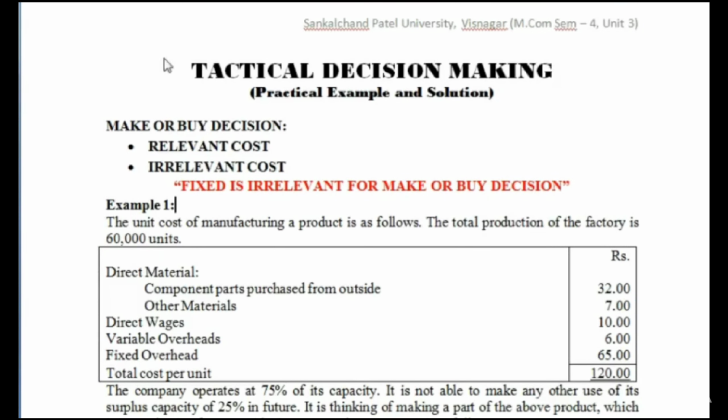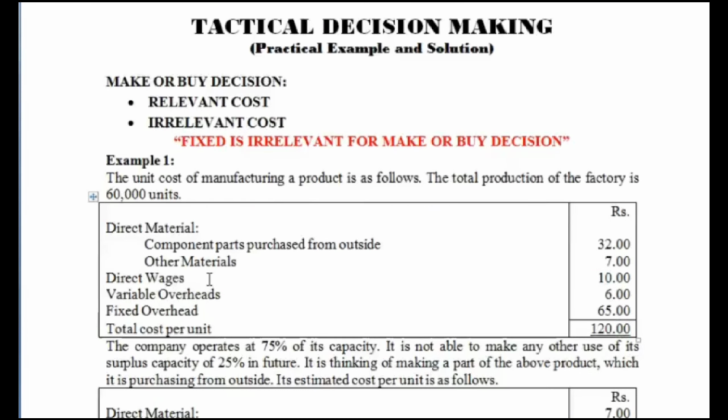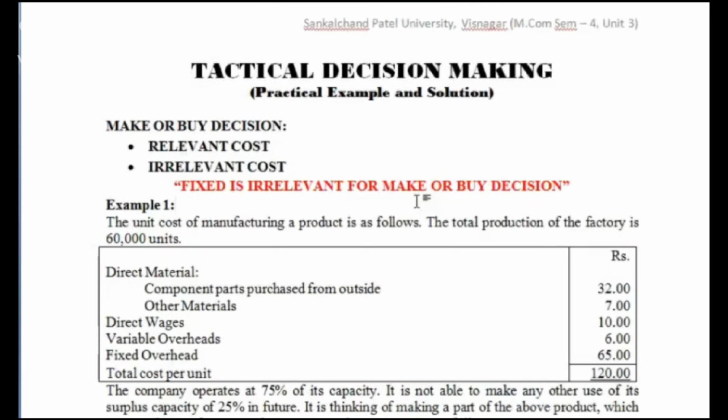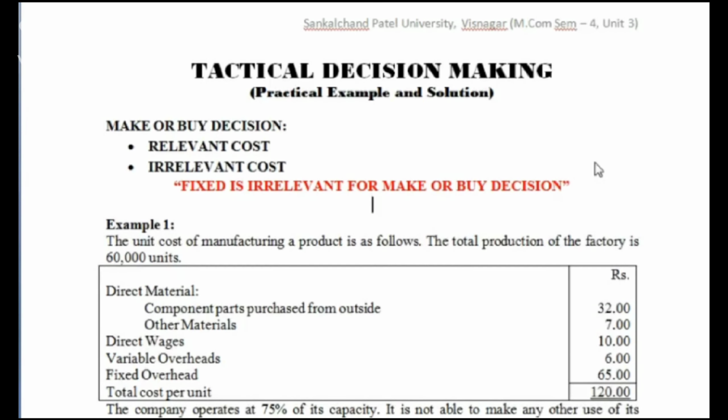I have given an important question for the exam. In make or buy decisions, fixed cost is irrelevant and variable cost is relevant. The opposite sentence of it: variable cost is relevant cost for make or buy decisions.